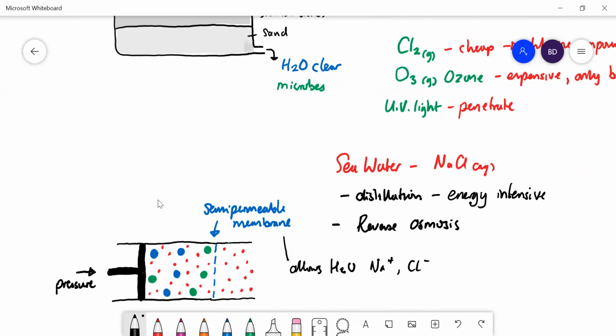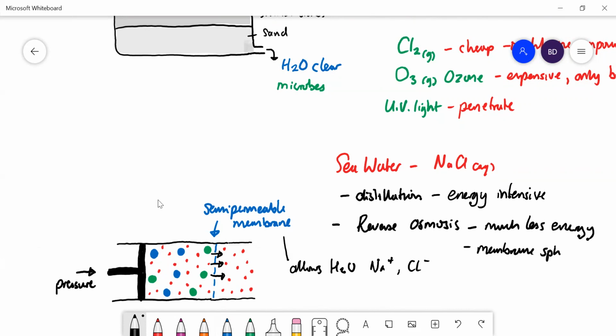So all the water coming through here, the water is the red dots that can get through, and what gets left behind is the sodium chloride. Now the advantage of this is it uses much less energy than distillation. But the disadvantage is that the membrane rips sometimes.